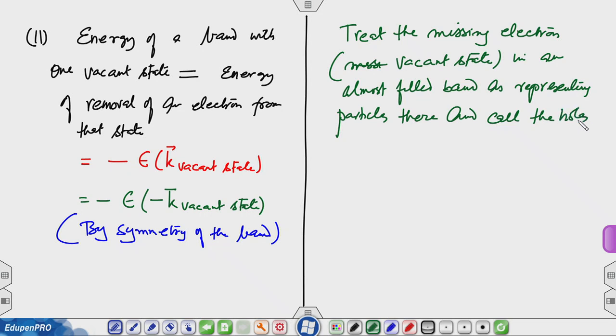And by holes we mean these are like real particles which are going to move.